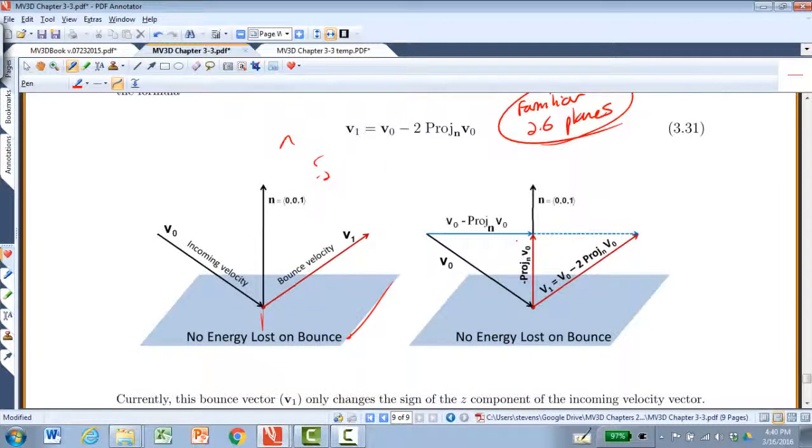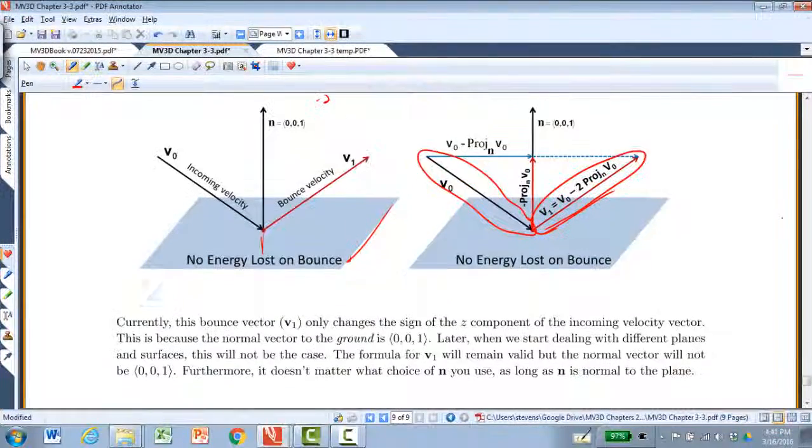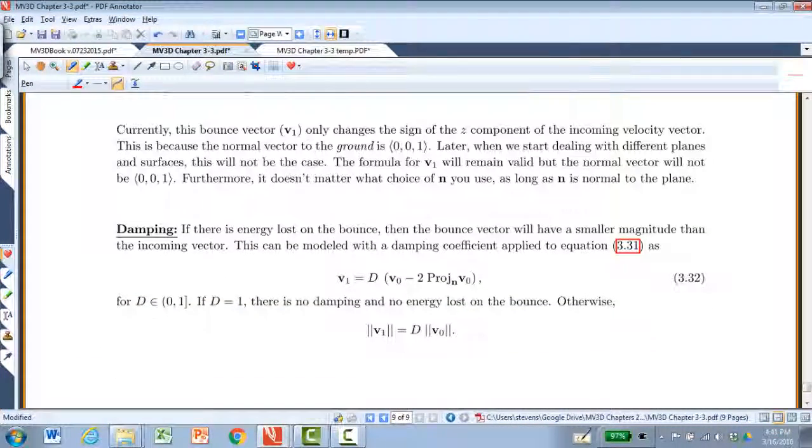If by chance your projectile loses some energy on the bounce, then all you do is make sure this thing loses some of the length from this thing, right? Because right now they will have the same length. So if you just put a damping coefficient out in front of there, maybe something like 0.9, then the bounce won't go as high as the incoming velocity.